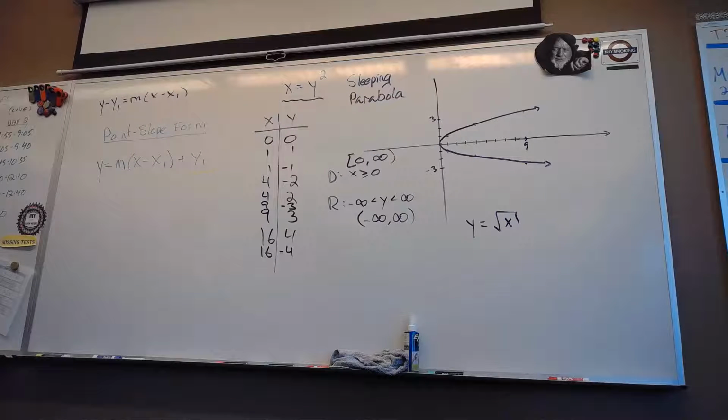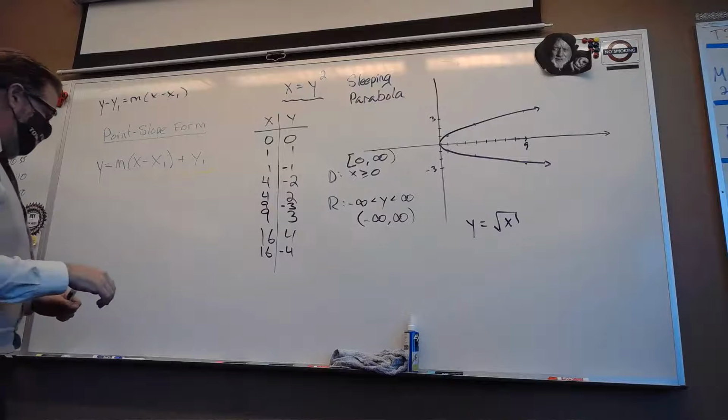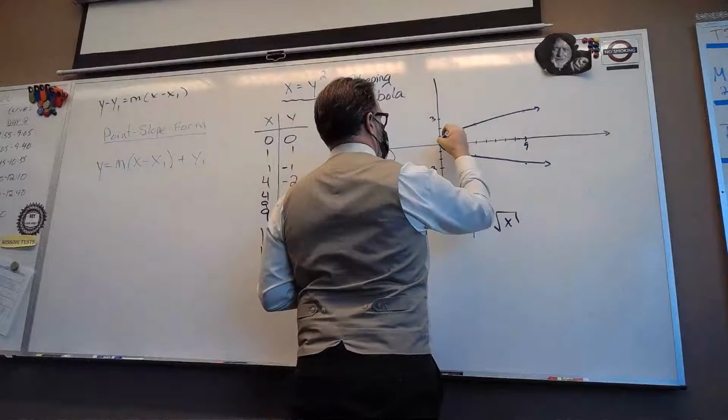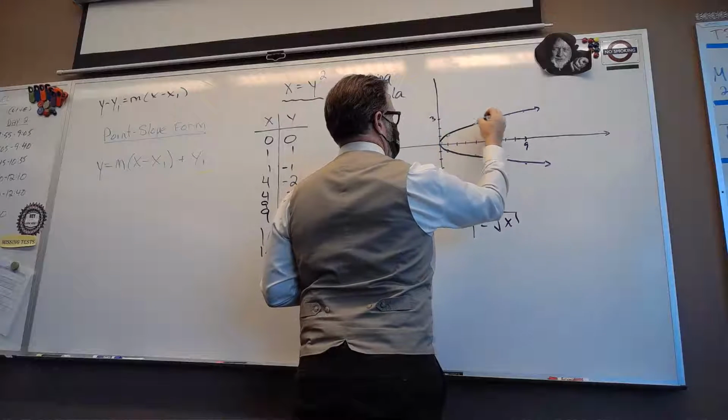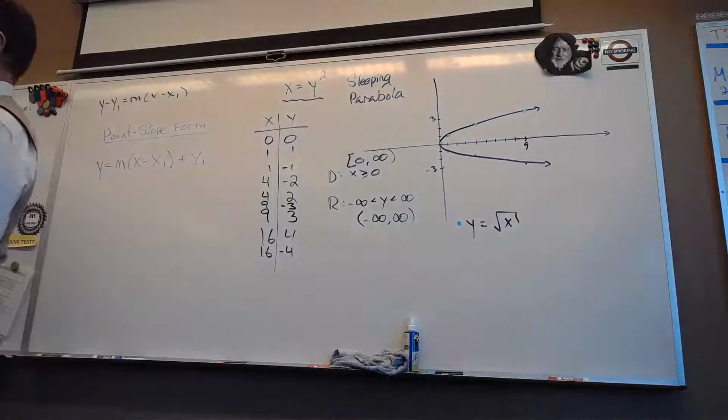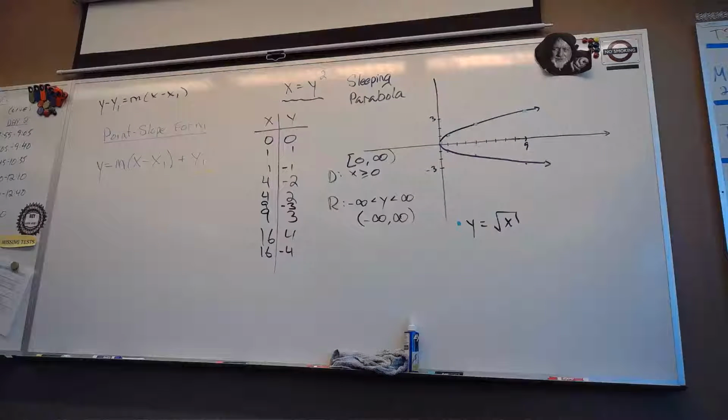Does that give us that graph? No. What does that give us? Half of a graph. So how do I get the other half? The negative. Put a negative in front of it.